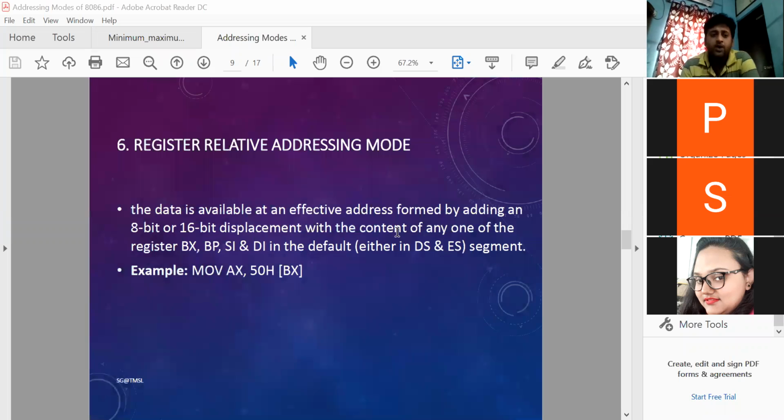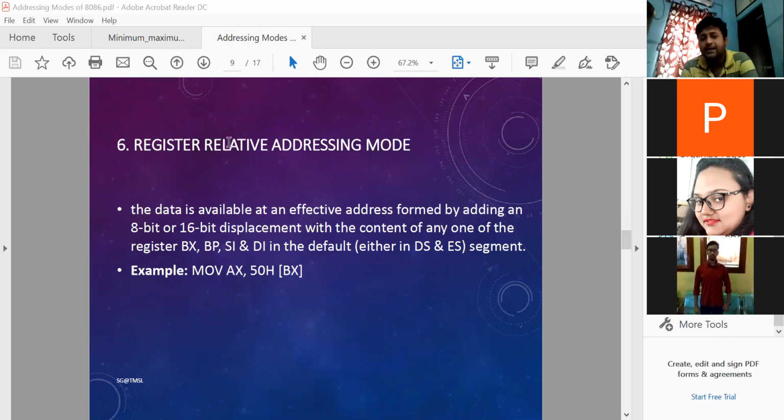Yes, sir. So coming to the next addressing mode, which is the register relative addressing mode. According to the name, a register must be involved. Which register? That register which is used as your offset register or base register.